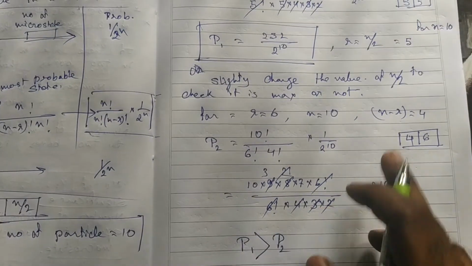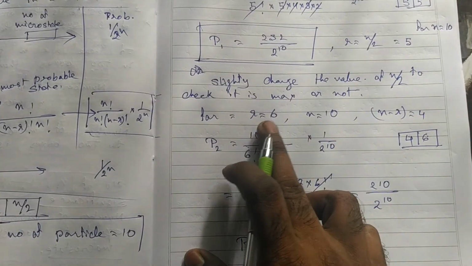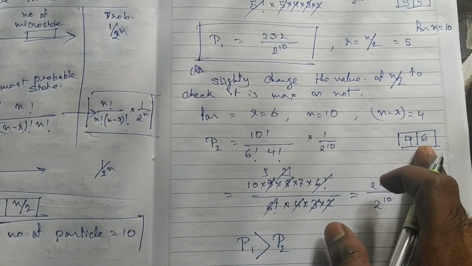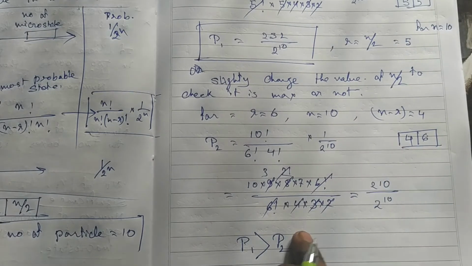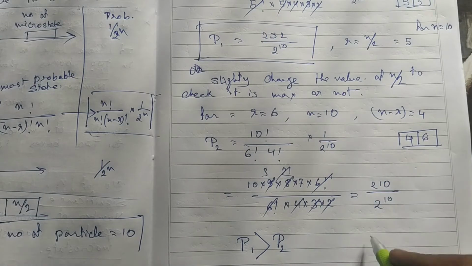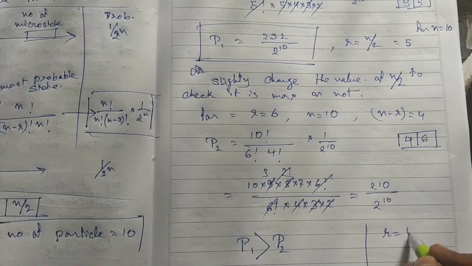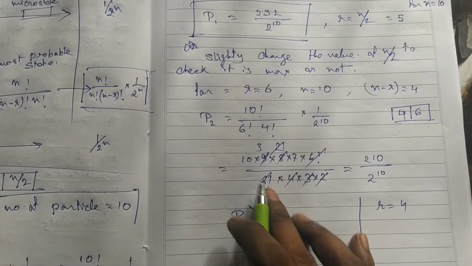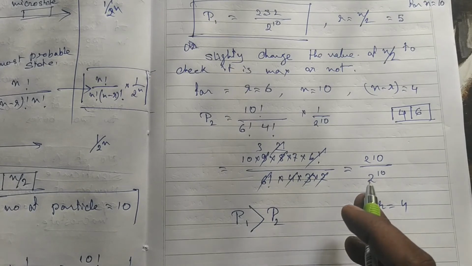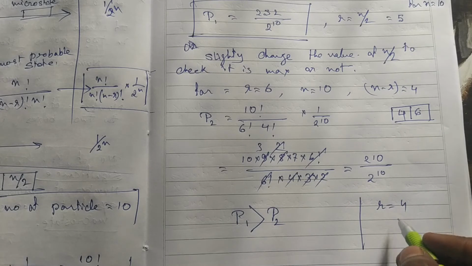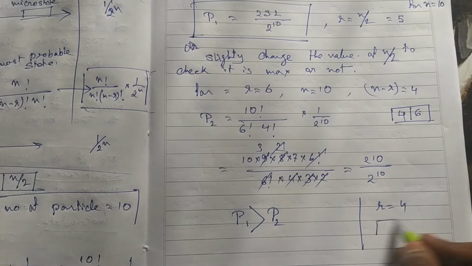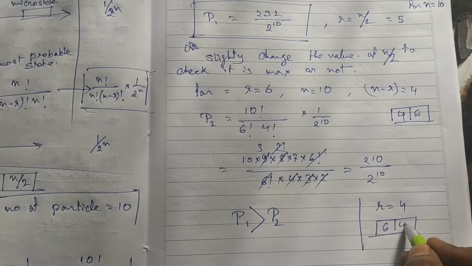In the case of the distribution when r is 6, one box contains 6 particles and the other contains 4 particles. Similarly, if r becomes 4, we change the distribution slightly in the opposite direction, and the boxes become 4 and 6.